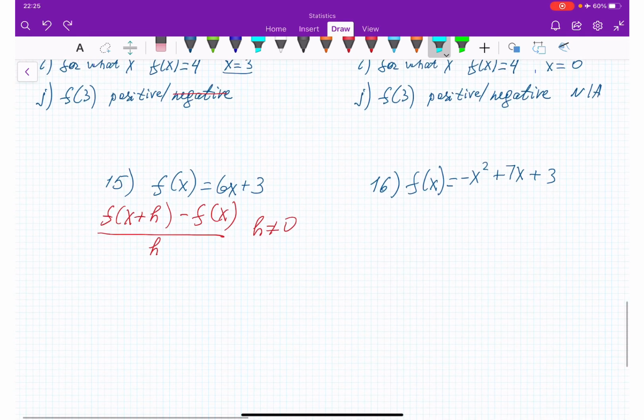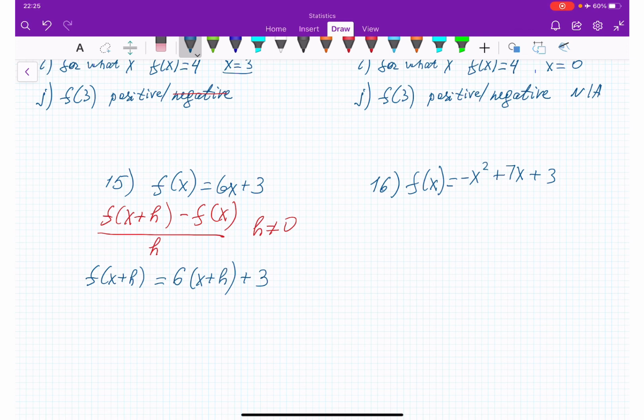So how is it going to look? f of x plus h is equal to f of, okay, let me see. It's going to be equal to 6 times, instead of x, I put x plus h because I'm giving an increase to x, and plus 3. So this is my f of x plus h. And f of x we have.